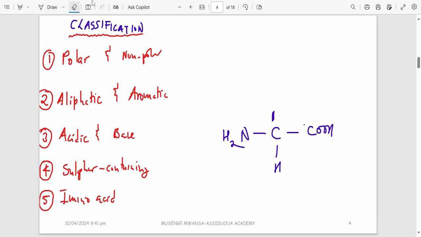Good. Yes. So let's talk about another amino acid which is known as alanine. Now alanine has a methyl. It has CH3 here. Do you think it's going to be polar or non-polar? Non-polar, very good. How about, is it aliphatic or aromatic?